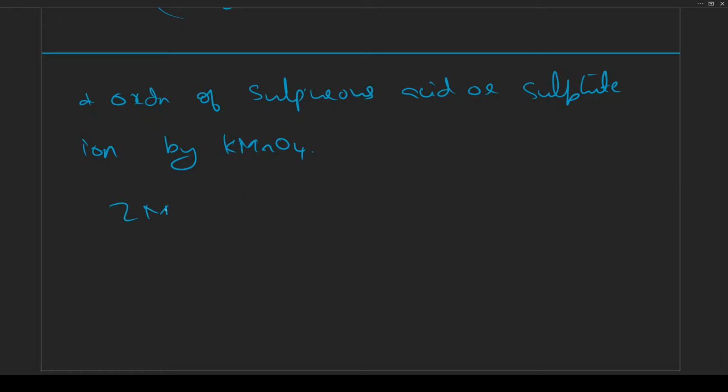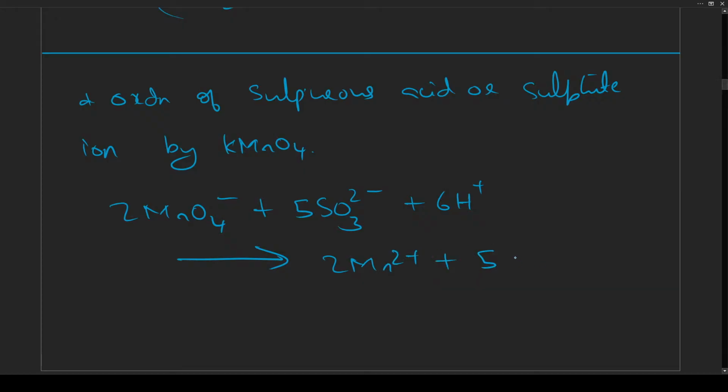The reaction is 2MnO4 minus plus 5SO3 2 minus plus 6H plus gives 2Mn2 plus plus 5SO4 2 minus plus 3H2O.